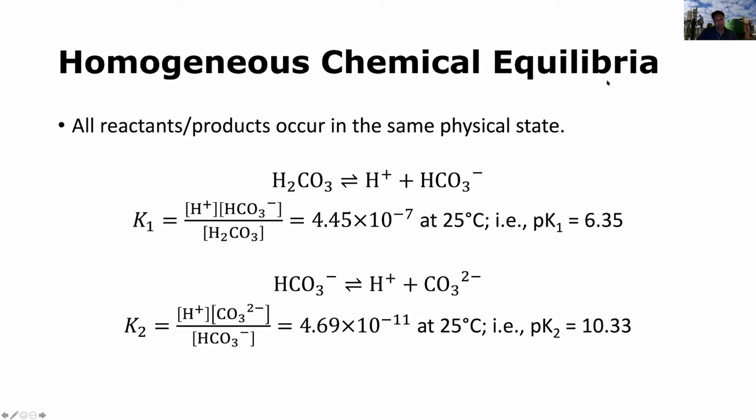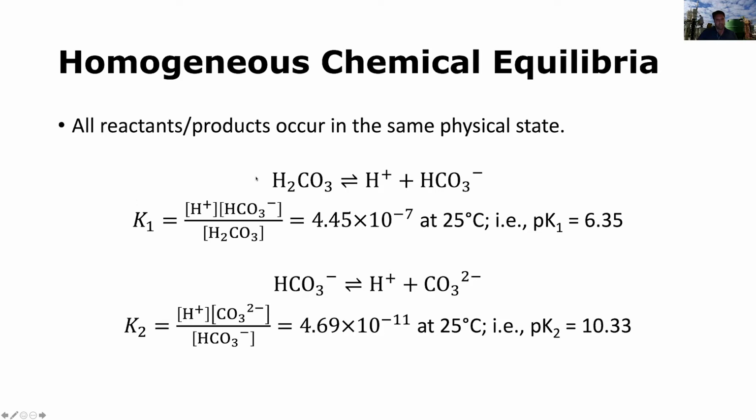Homogeneous chemical equilibria is referring to a situation where all reactants and products are occurring in the same physical state. So an example here would be the conversion of H2CO3 to a proton plus bicarbonate. And another example being the subsequent conversion of bicarbonate into a proton plus carbonate.